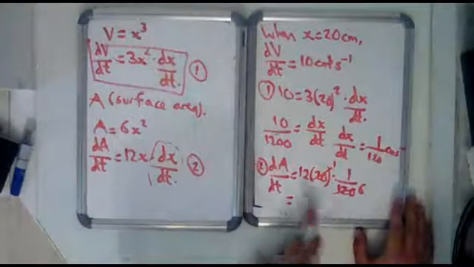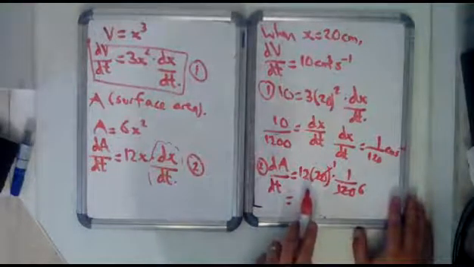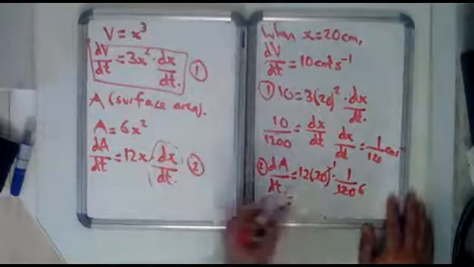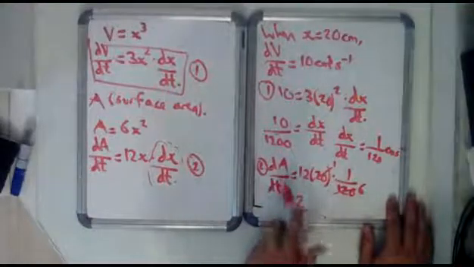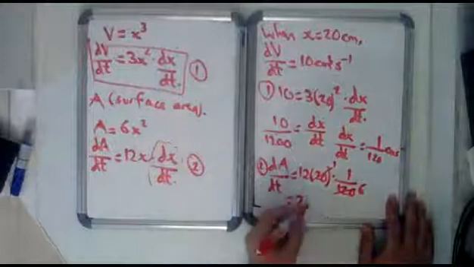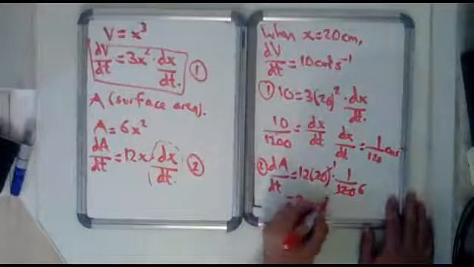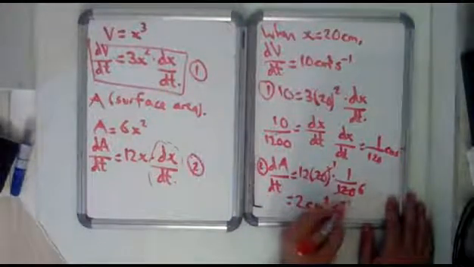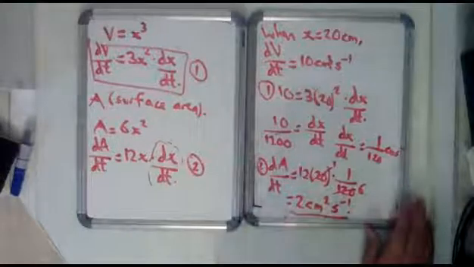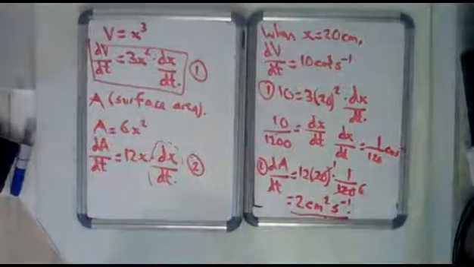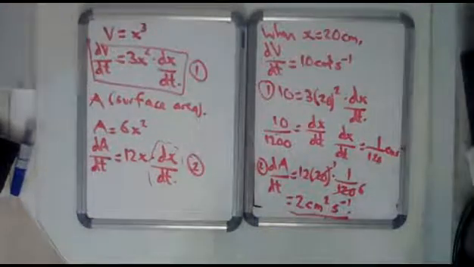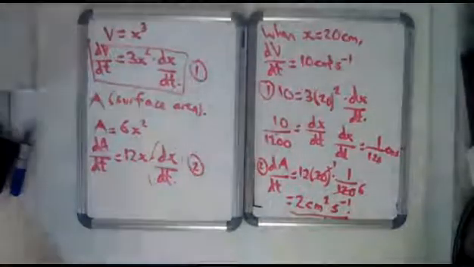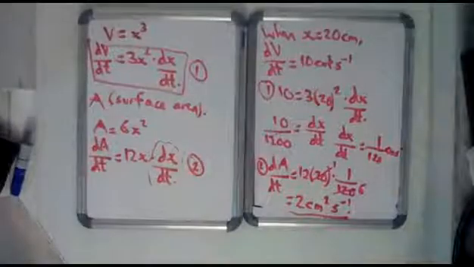Then you've just got 12 over 6, which is 2. It's the rate of change of surface area with respect to time, so that must be centimeters squared per second. So the surface area is increasing by 2 centimeters squared per second at the instant when the side length is 20 centimeters.